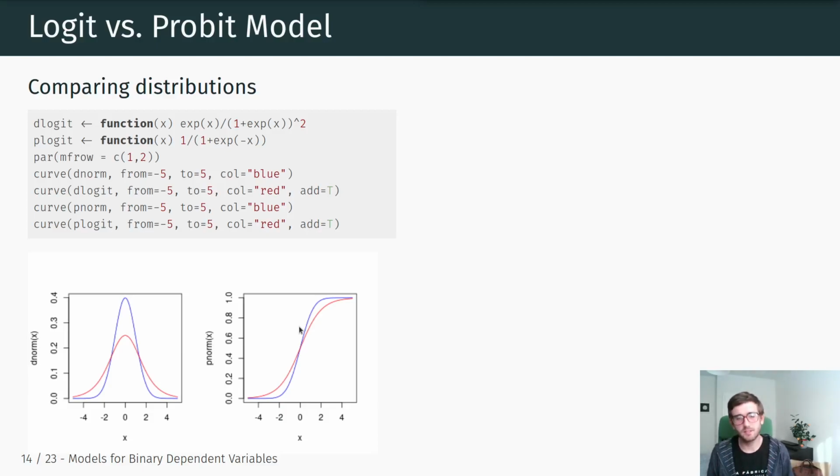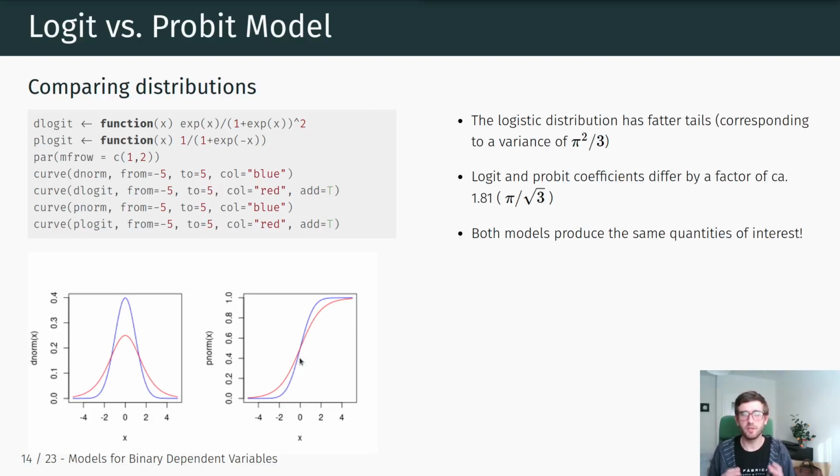The only thing that is different is that, because of the different link functions, the coefficients will look slightly different, okay? Based on the differences in the variance and in the slope of this link function, there's a systematic difference between logit coefficients and probit coefficients, right?